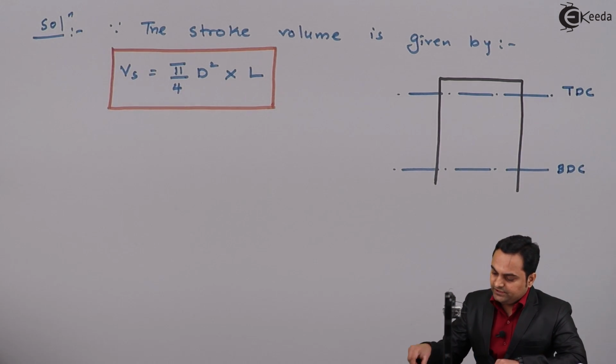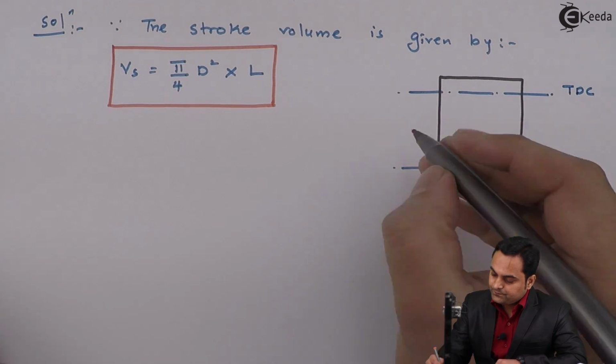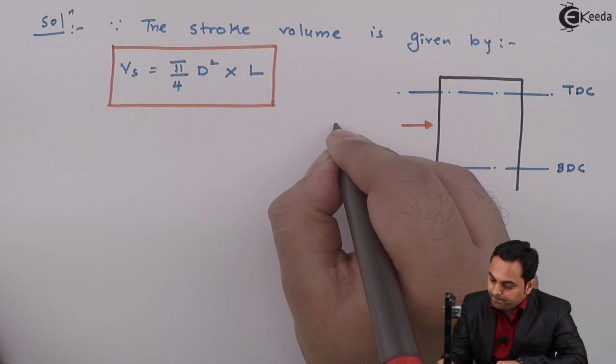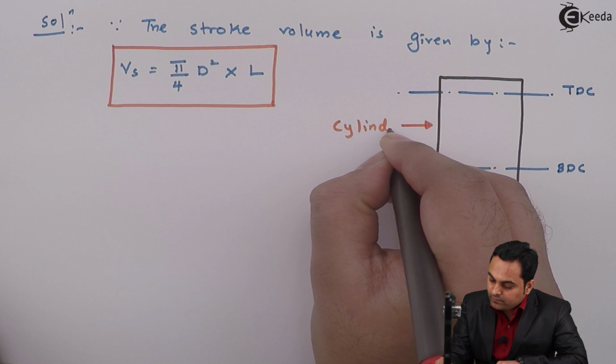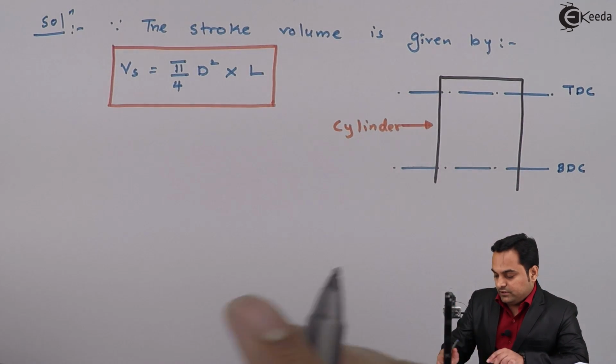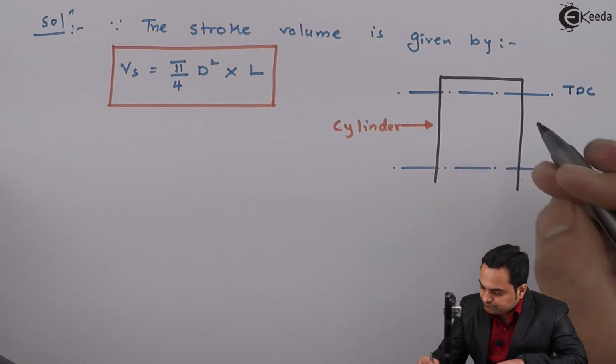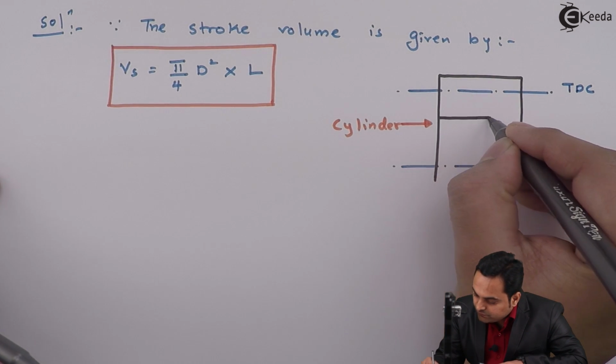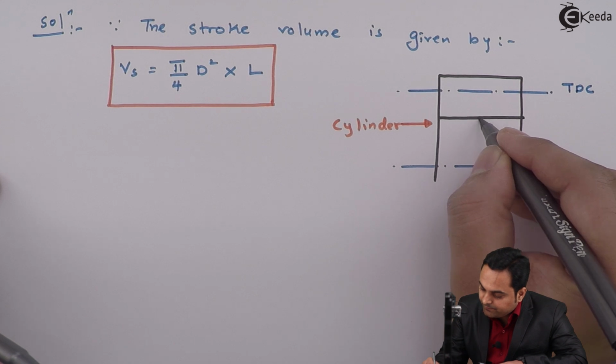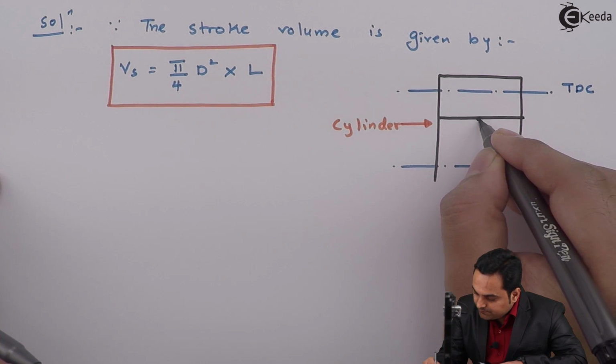This cylinder will have a piston inside it. Here I am drawing the line diagram of the piston.